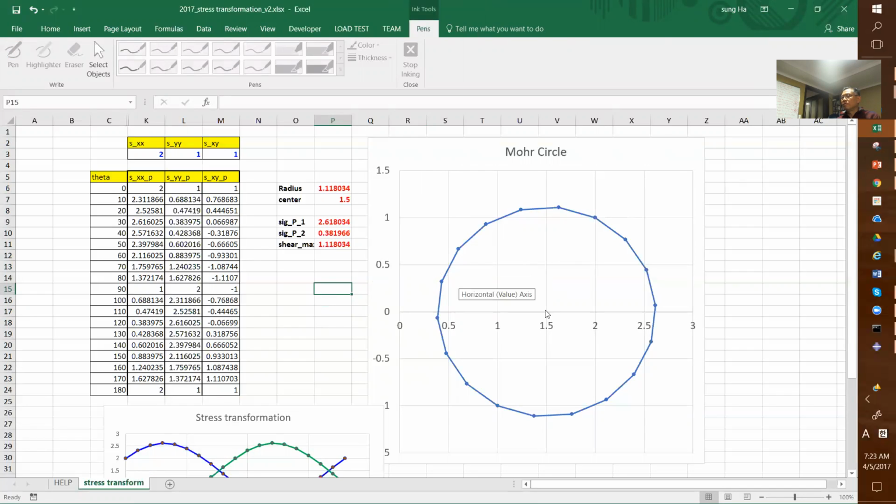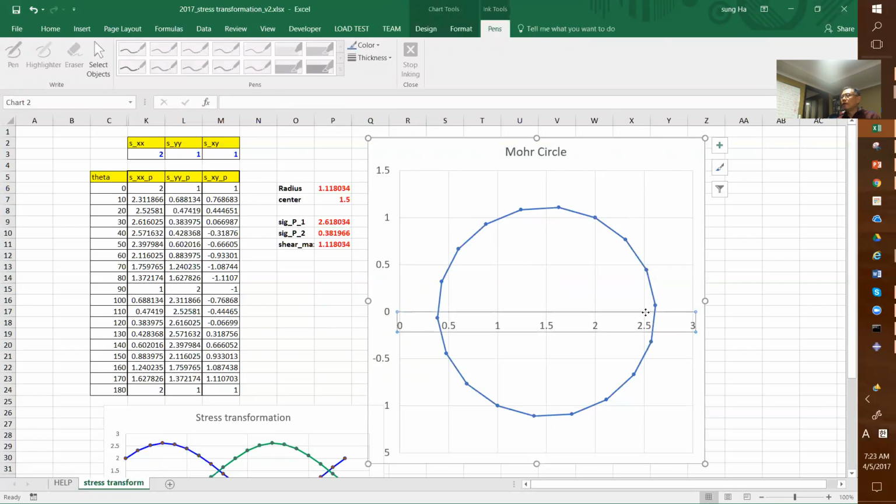The center and radius can be easily calculated, and sigma P1 means the principal stress there, and sigma principal 2 is there.